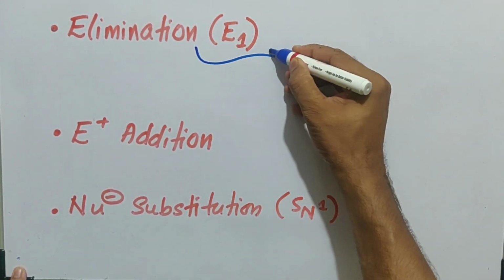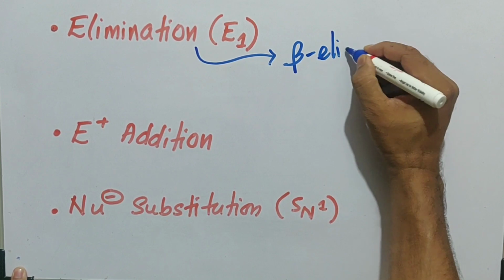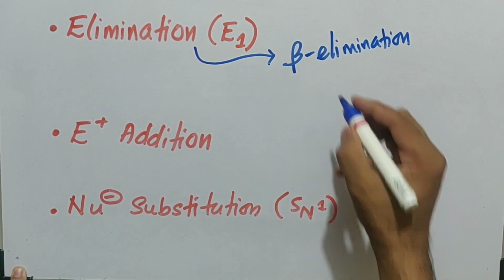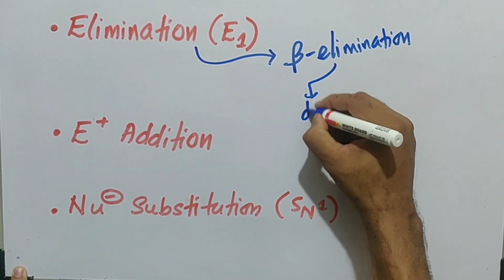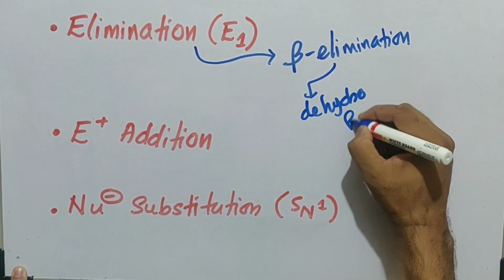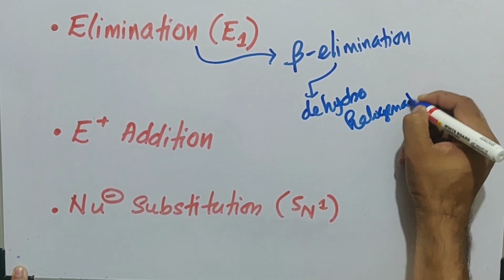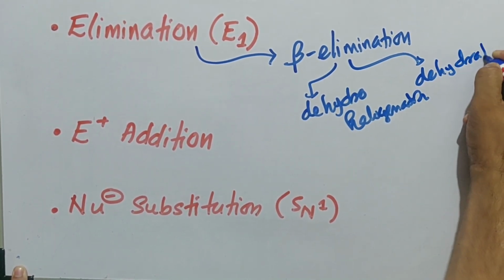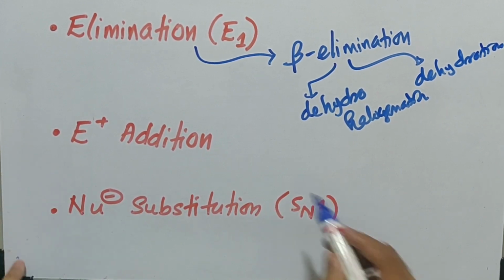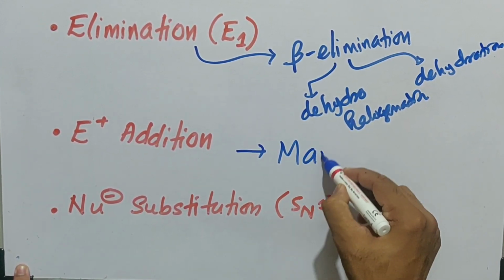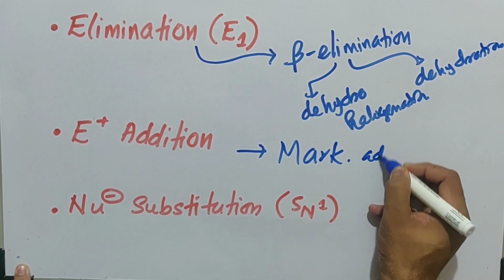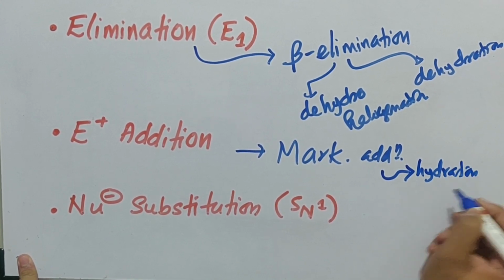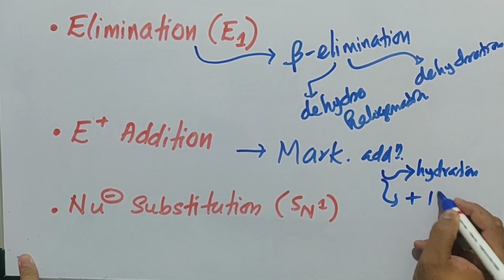In elimination reactions, we have to study beta elimination, that is dehydrohalogenation and dehydration. Next, E+ addition is nothing but Markovnikov addition, like hydration and also hydrohalogenation.